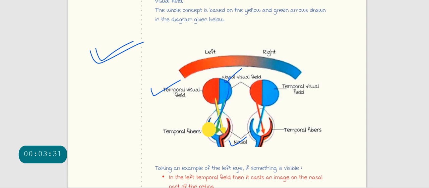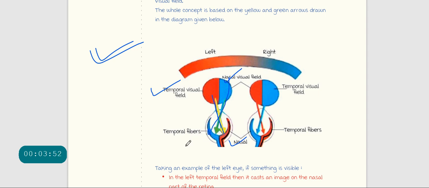There is a crossing. These two different fibers are carrying different things. The temporal field is taken by the nasal fibers and the nasal field is taken by the temporal fibers.